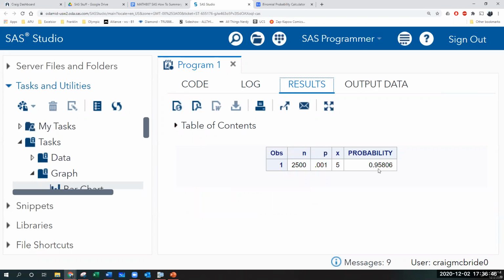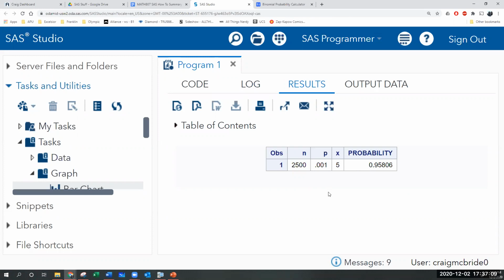To do C, you have to do a little math because you have to come up with the mean. And the mean is very easily just N times P. So it's just 2,500 times that 0.001. Right? So it's just basically this number times this number. And that gives you 2.5.